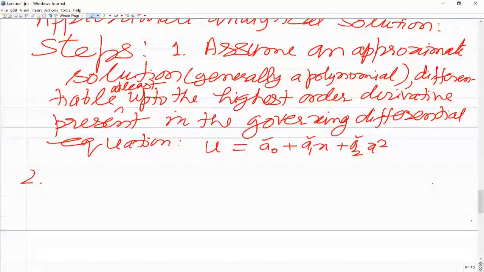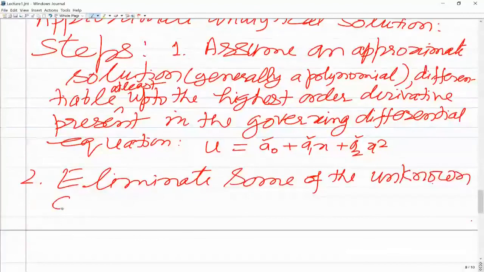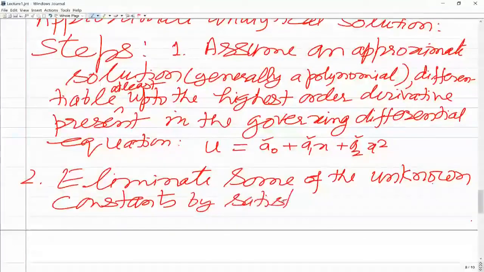Then the second step in the approximate analytical solution is to eliminate some of the unknown constants by satisfying the boundary conditions. So usually we try to satisfy the boundary conditions exactly. Therefore, out of these constants a0, a1, a2, we eliminate some of the unknown constants by satisfying the boundary conditions.